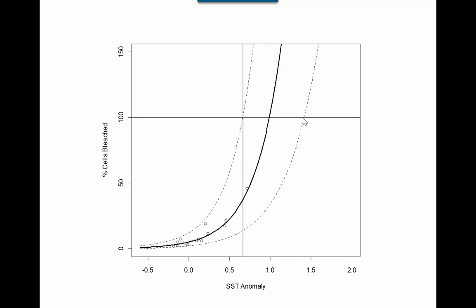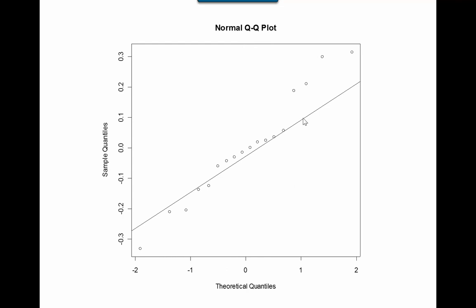If we're interested in evaluating the quality of this model, we can look at the QQ plot, as we've done, and other residual plots, and we see that it doesn't look too bad. These 4 points at the top are these so-called mass bleaching events, where we see large proportions of the cells are actually bleached.